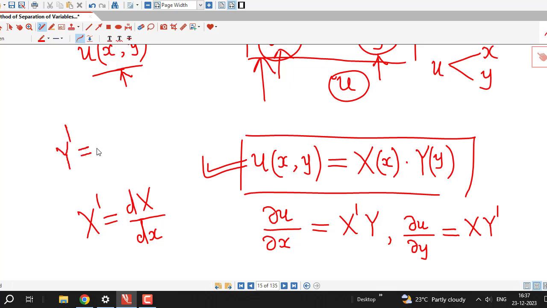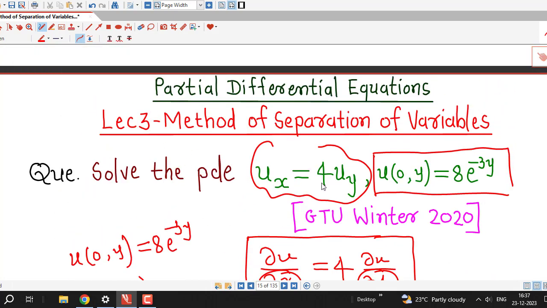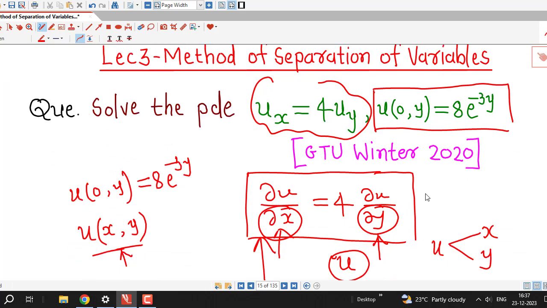Similarly, Y dash means the ordinary derivative of Y with respect to y. Then we substitute these values in the given equation u x equal to 4 times u y: u x is X dash times Y, and here 4 times X times Y dash.